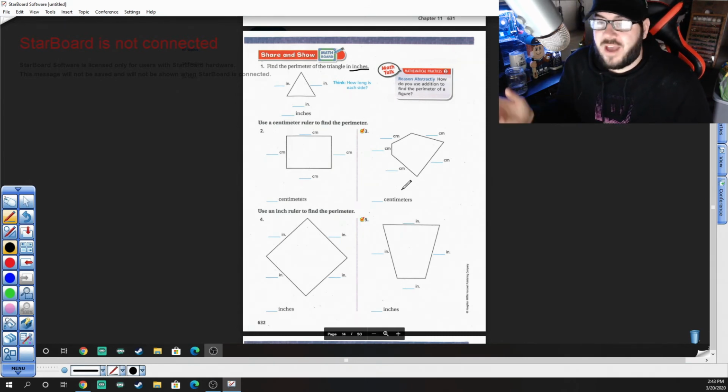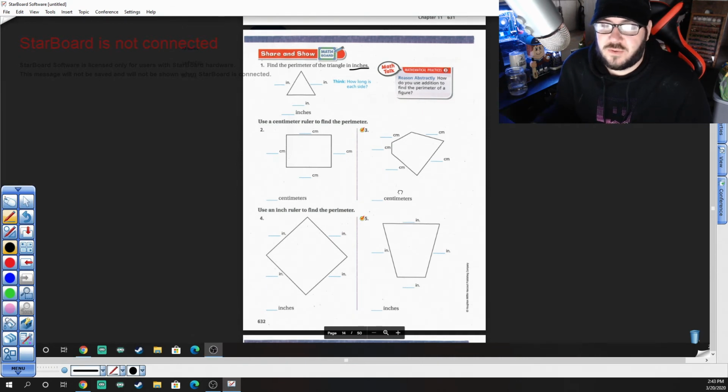If you don't have a ruler with inches or with centimeters on it, just do inches for all of them. It's no big deal. We just want to get in the habit of being able to measure and understand how to measure, and then also be able to add the sides to find the perimeter.